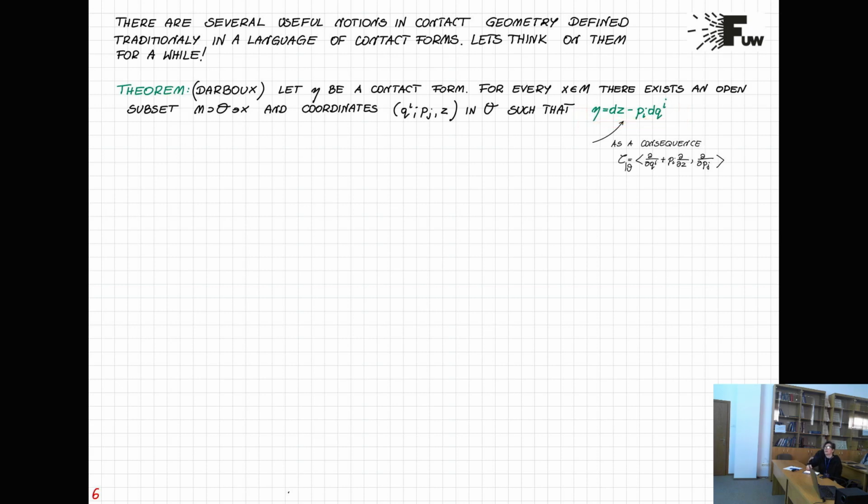So again, locally all contact distributions look like Cartan distributions on the first jet of sections, but this is local. And also as a consequence, not only the form looks like that, but also we can always find vector fields that span our contact distribution that also look in this canonical way.